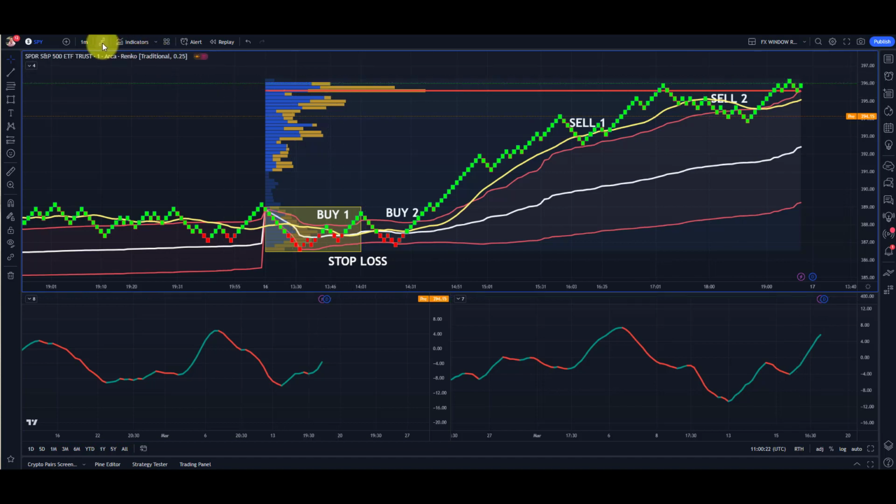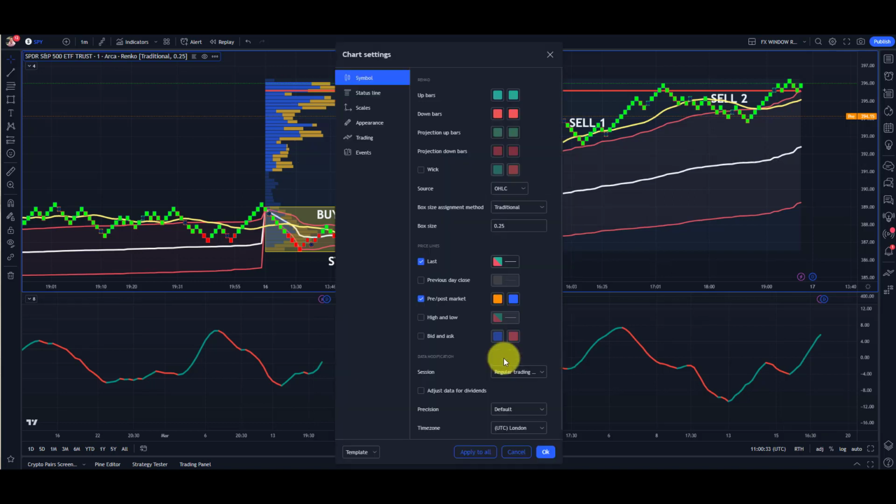Then over on the top left we're using RENKO charts. Now let's just focus in on those blocks first, because I've done a few things to those. We right click on them, change the settings. I've used a traditional method of setting the size, so using the correct block size is critical for getting this right.